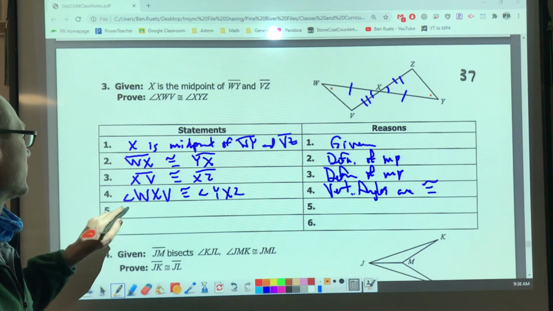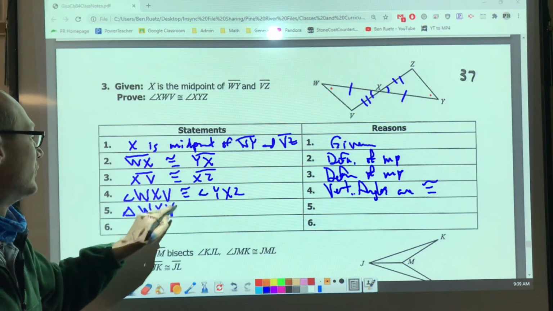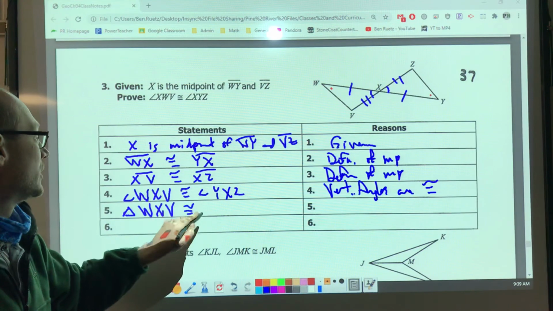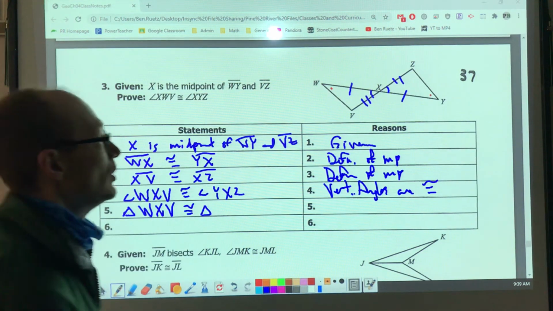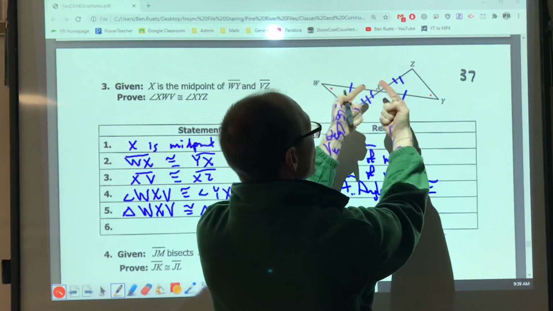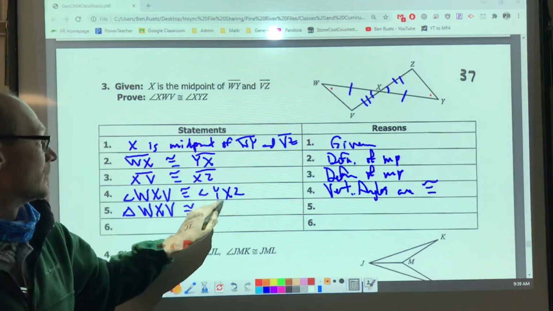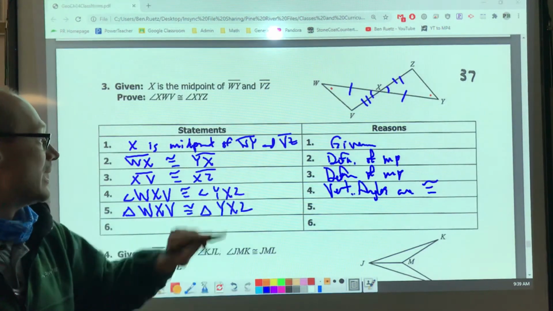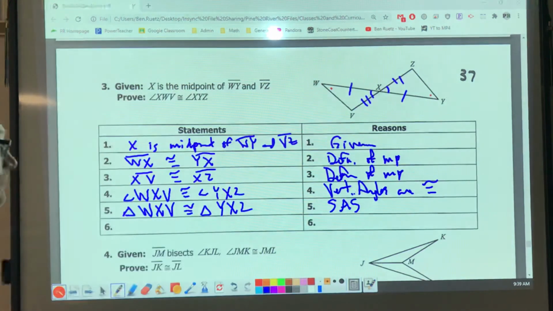So that means triangle WXV is congruent to, what is the matching triangle for WXV? Well, if I start here at the angle that I want, move along the 1 to the middle to the 2, then that's the exact same thing as triangle YXZ. That is true because of side, angle, side.